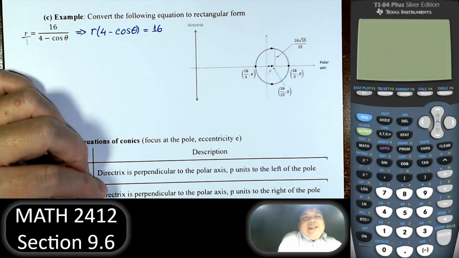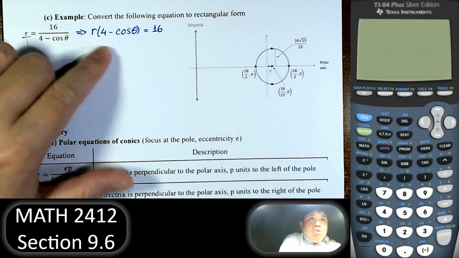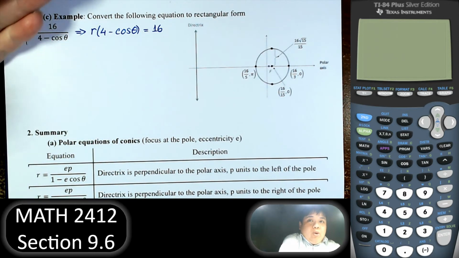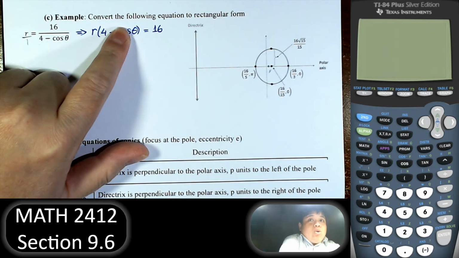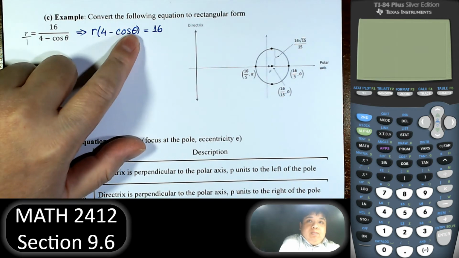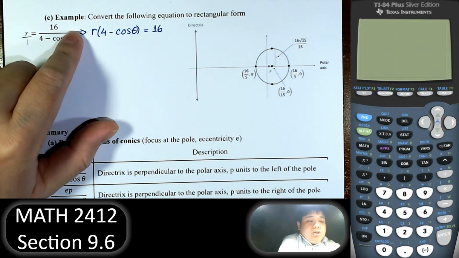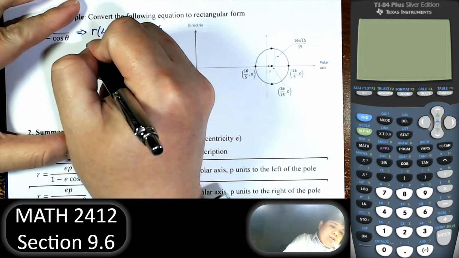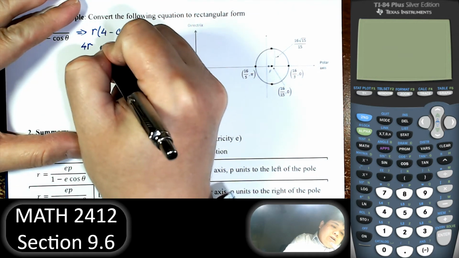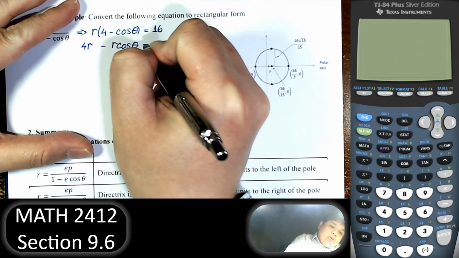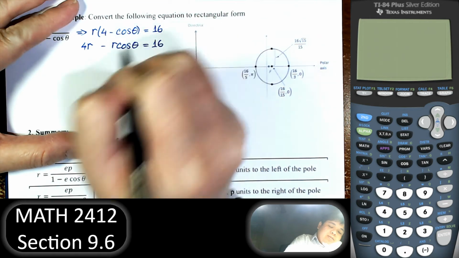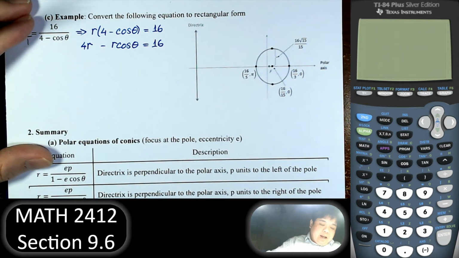Now, this is a little problem here. If we square both sides, we have r squared equal to x squared plus y squared. That one's good. However, the cosine squared is difficult to write in terms of y and x. So in this case, just multiply it out. 4r minus r cosine theta equal to 16, right?